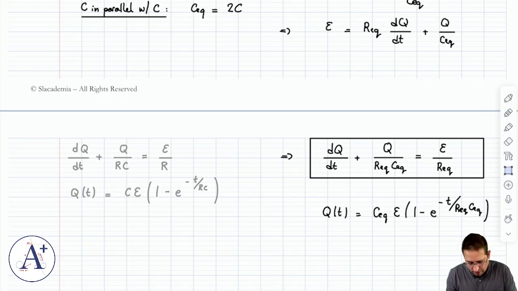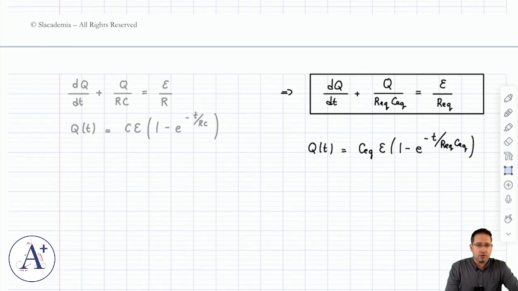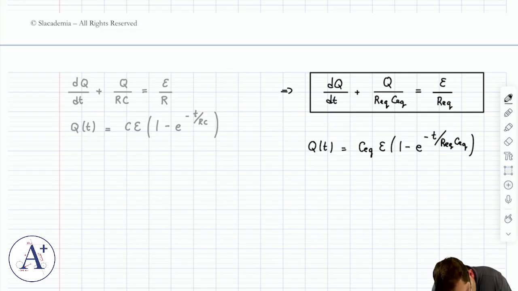I don't have to reinvent anything. I can just use what I found for R equivalent and C equivalent, and that will give me Q of t. So this is going to be 2C epsilon times 1 minus exponential of minus t divided by 2R times 2C, which is 4RC.